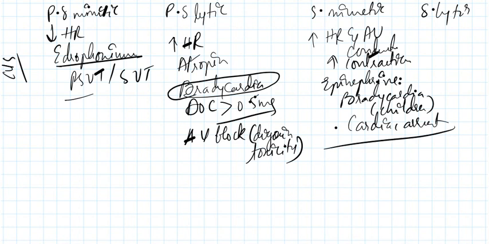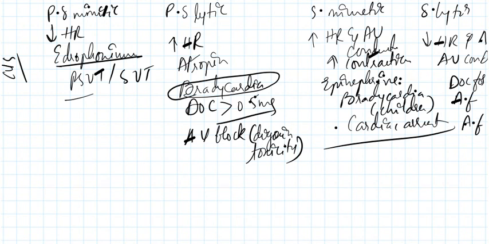Now, sympatholytics decrease heart rate as well as AV conduction, and they are the drug of choice for atrial fibrillation, atrial flutter, HOCM (hypertrophic obstructive cardiomyopathy), and aortic dissection.